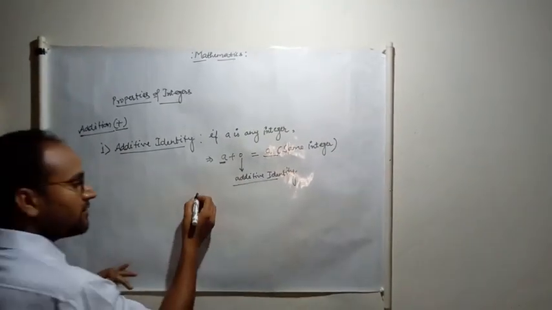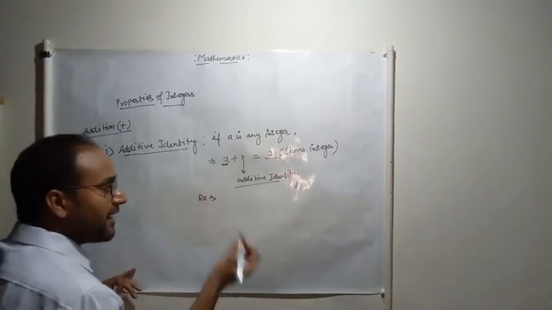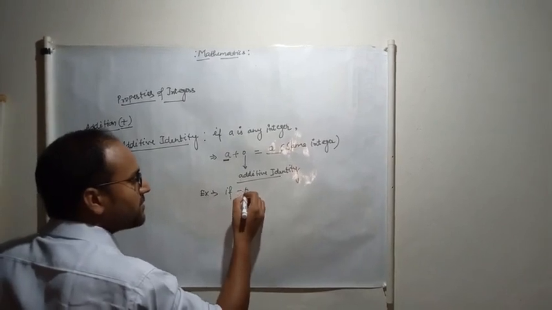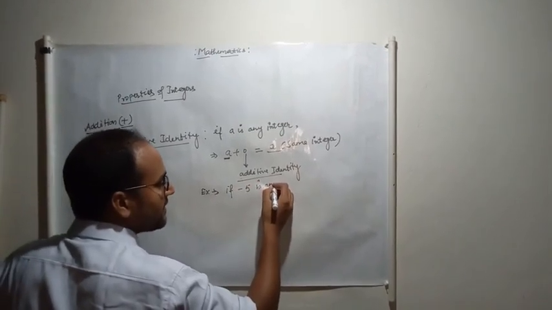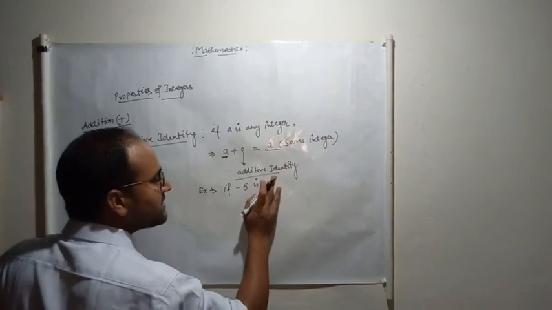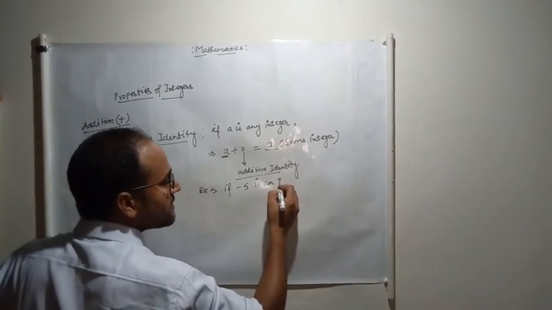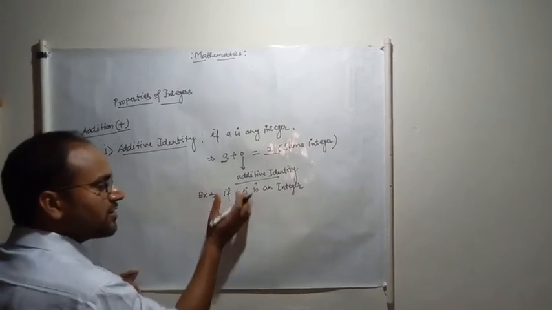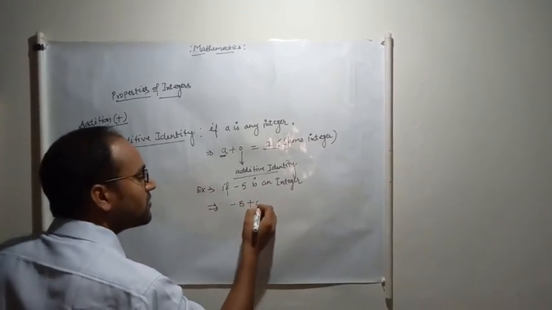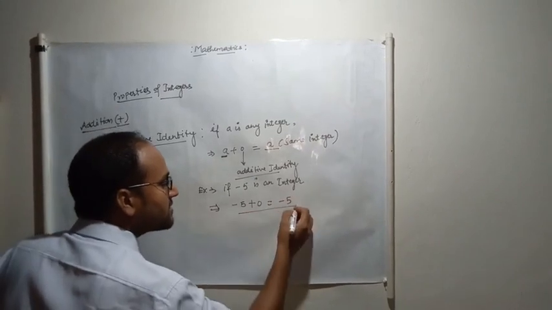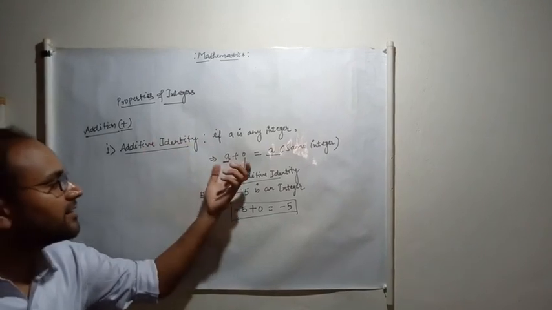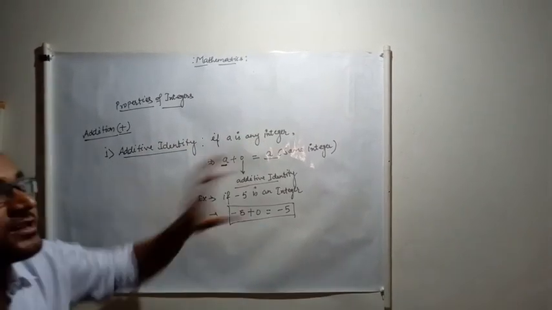For example, if minus 5 is an integer, then what is the additive identity for this one? Minus 5 plus 0, again we get minus 5. So 0 is called the additive identity. By adding 0, nothing is going to change.